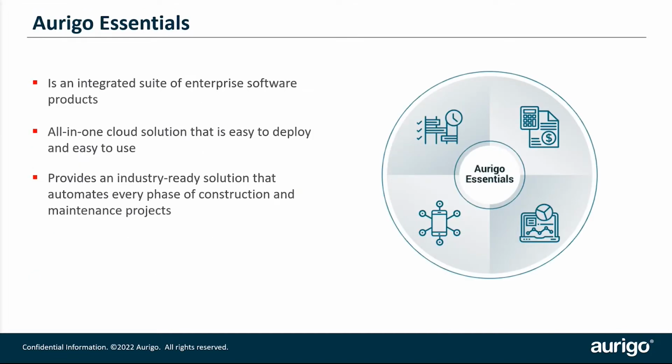Essentials, as I mentioned, is an integrated suite of different products that we have for contract management, construction project management, and bid management. It's a cloud solution. It is easy to deploy and easy to use. We will see that in the session as we move forward.